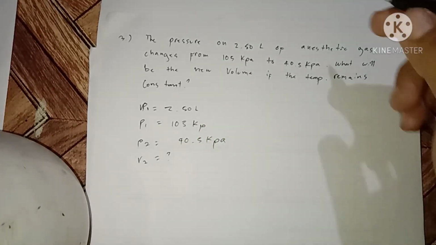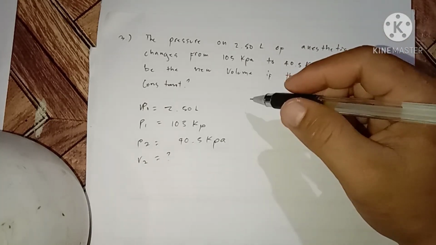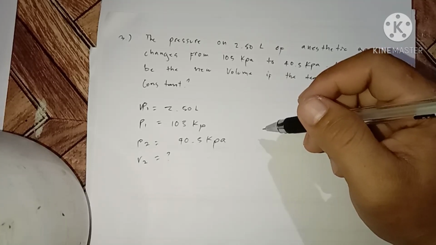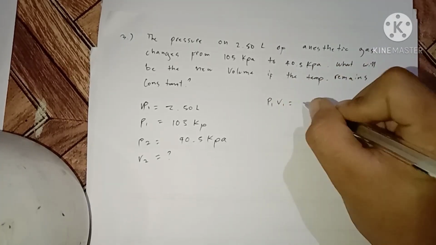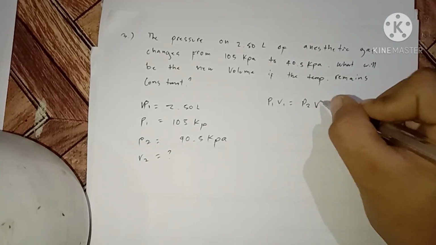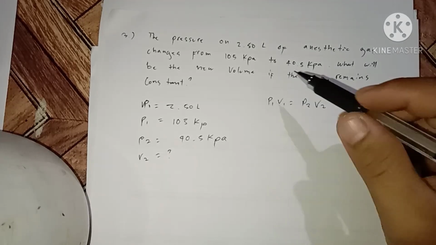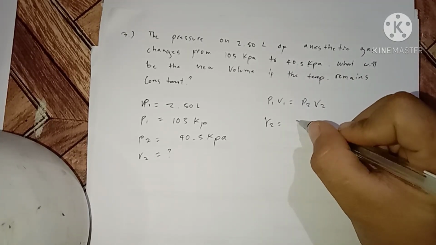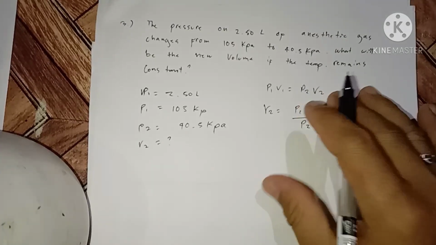So volume 2 is unknown. Since the temperature is constant, you need to use the formula of Boyle's law: P1 times V1 equals P2 times V2. So since the unknown is volume 2, V2 equals P1 V1 over P2.